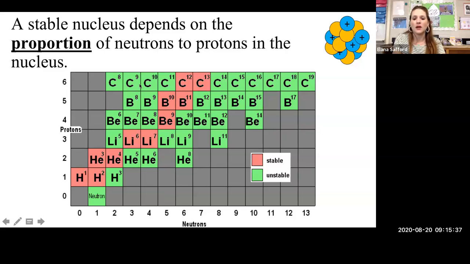The unstable ones are in the green. So there's a very narrow range where atoms are stable. It is usually, but not always, pretty close to a 1-to-1, like for every 1 proton, there'll be approximately 1 neutron. You can see that here. So when you start getting way more neutrons than that 1-to-1 ratio, it's pretty clear that that is not a stable situation, right? So that's kind of what this is trying to show you here.